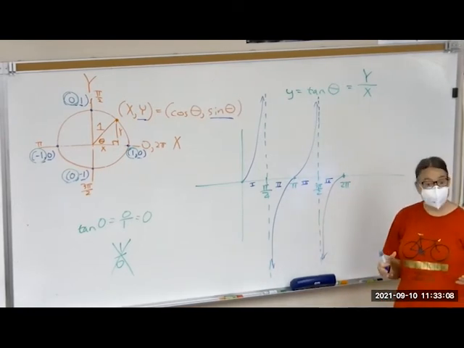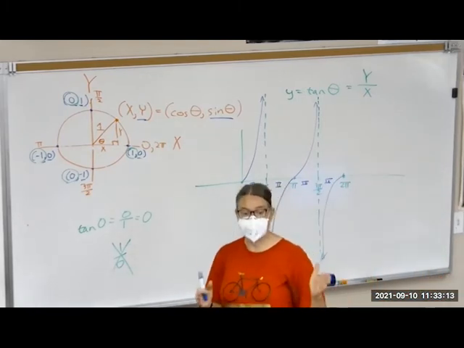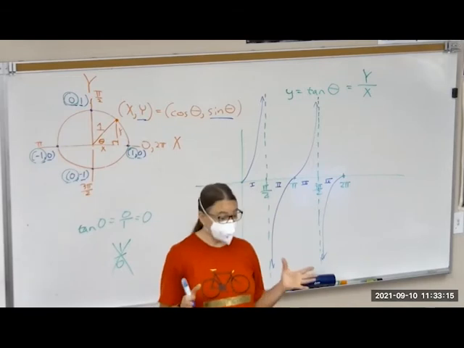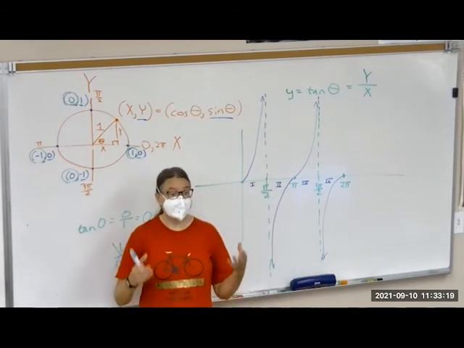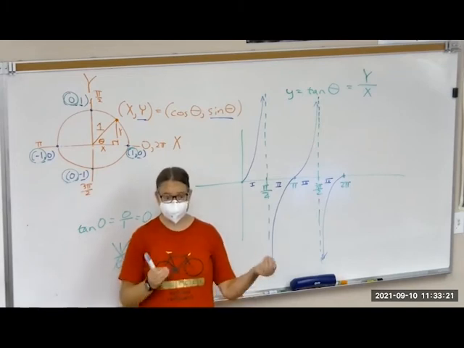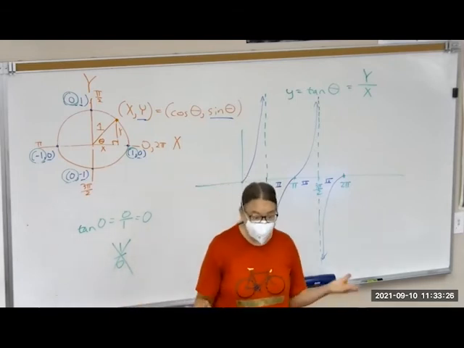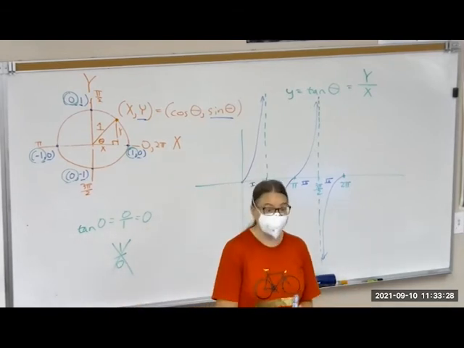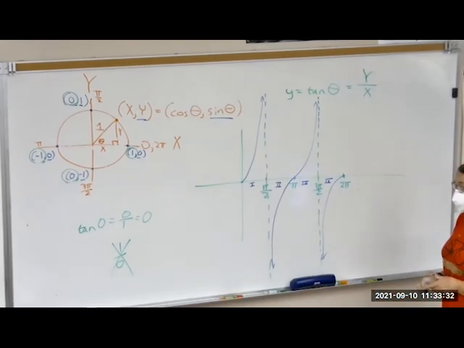So I always, when I'm graphing things, will start and end my graph at an asymptote. For those of you in my class, you can expect directions if I ask you to graph a trig function to say if there are asymptotes, start and end at an asymptote. For those of you who have other teachers, make sure you just see what their standards are for graphing things. But I know I always require start and end at an asymptote.